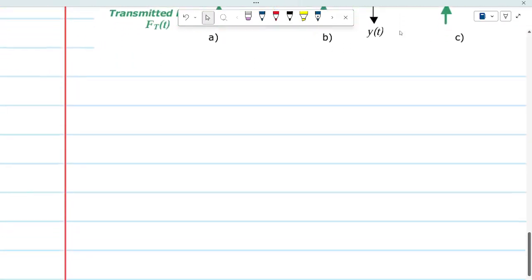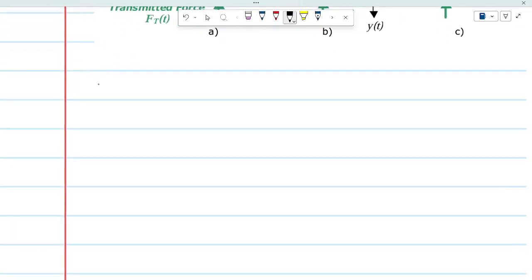So let's start with that. It's a measure of how much motion or how much force has been transmitted from the source to the receiver.